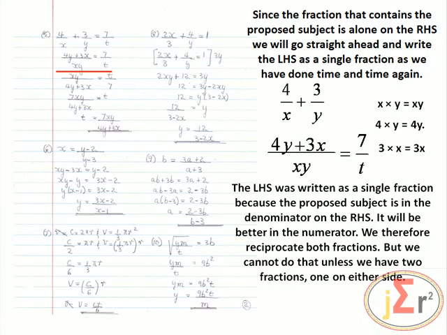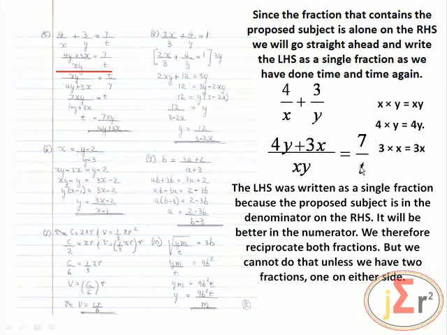We therefore reciprocate both fractions, but we cannot do that unless we have 2 fractions, one on either side. The reason why we wrote the left hand side as a single fraction is because we have the denominator here being the proposed subject.